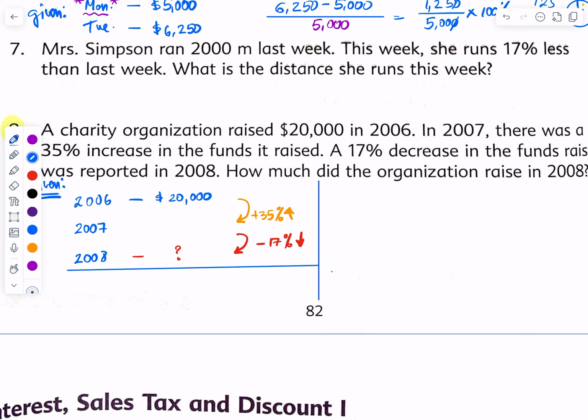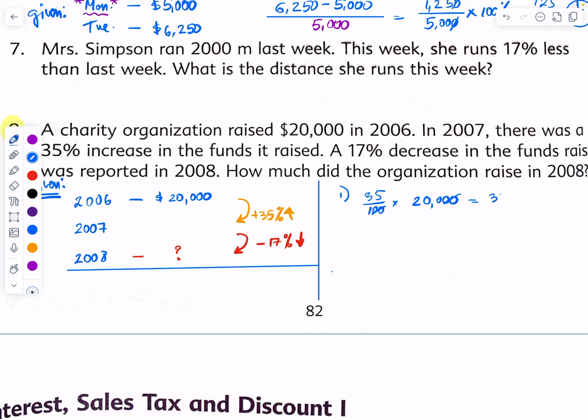So step 1, let's find out the amount raised in 2007. What is 35% of 20,000? Let's just say 35 hundredths times 20,000. What is 35% of this quantity? We cancel out, and now we have 35 times 200.